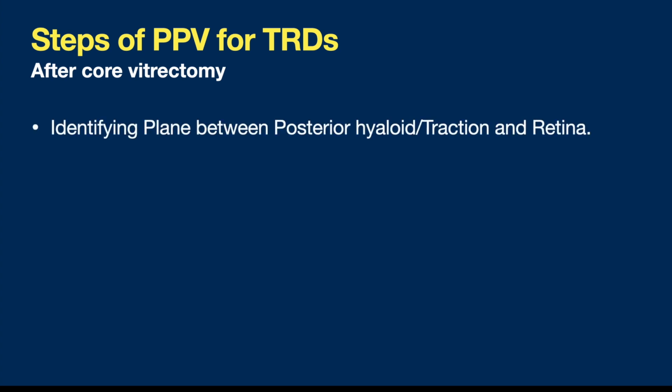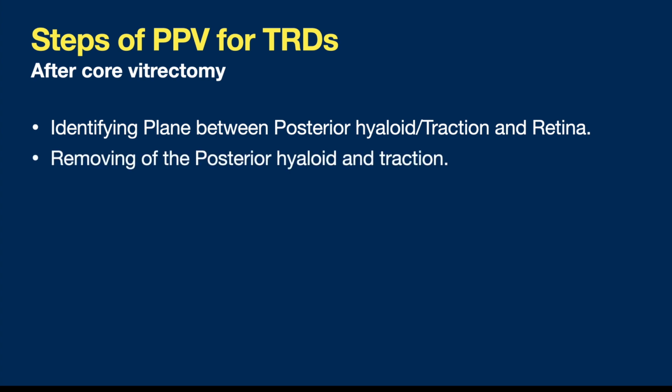The steps: after core vitrectomy, we identify the plane between the posterior hyaloid membrane and the traction combined and the retina, and we remove the posterior hyaloid and traction from this plane from the retina.